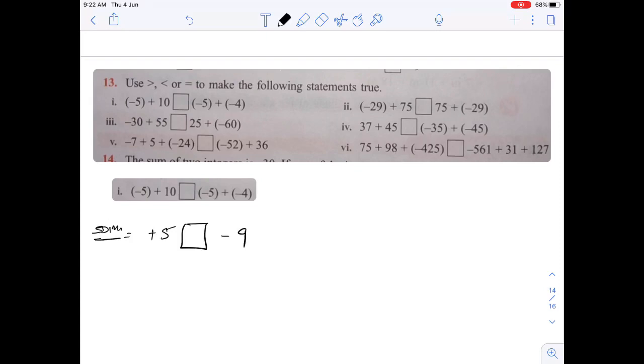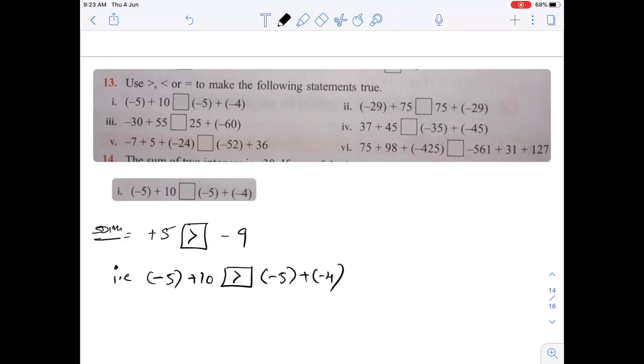Now you have to check which one is greater, plus 5 or minus 9. Positive numbers are always greater than negative numbers, so our answer will be plus 5 is greater than minus 9, that is, minus 5 plus 10 is greater than minus 5 plus minus 4.